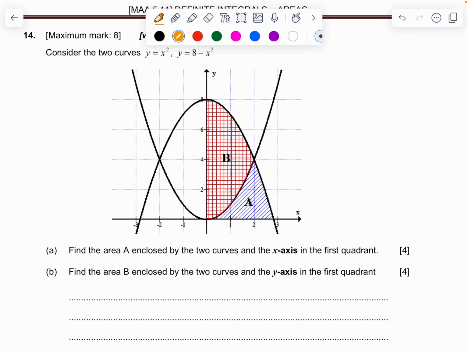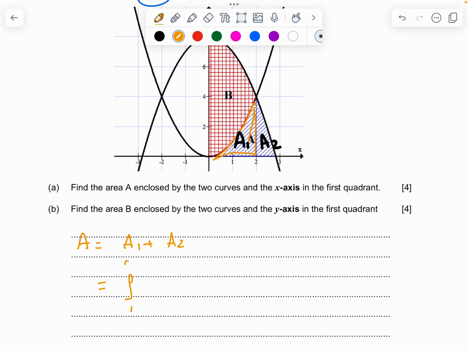So area A equals A1 plus A2. For A1, it is the integral from 1 to 2 of x square dx. But for A2, it is from 2 to the point of intersection, where 8 minus x square equals 0, so x square equals 8, x equals root 8. The integral of 8 minus x square dx.